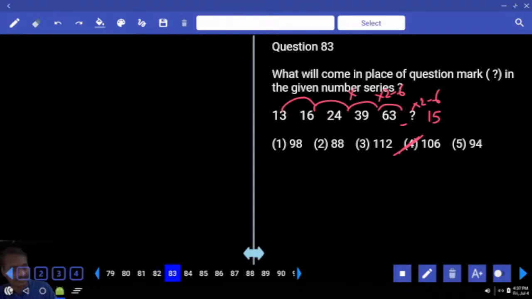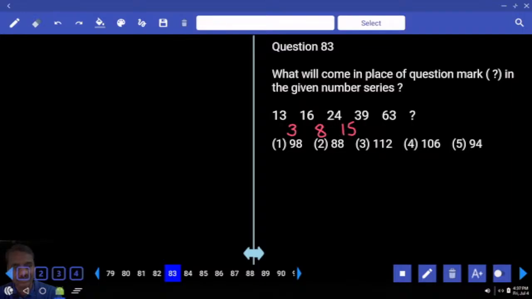Now 83. 13, 16. Now 13 and 16, the difference is so much? 3. Now 16 and 19, 8. 24 and 39, 15. And 39 and 63, 24. Then what should the next number be? Tell me what we need to do then.